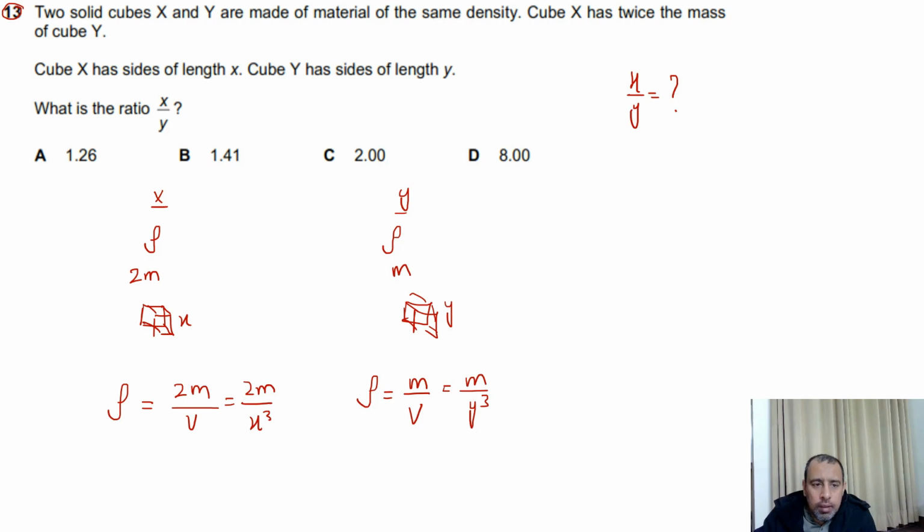So if we cross multiply, x cube is equal to 2m over rho, cube root, and cross multiply, y is m over rho.